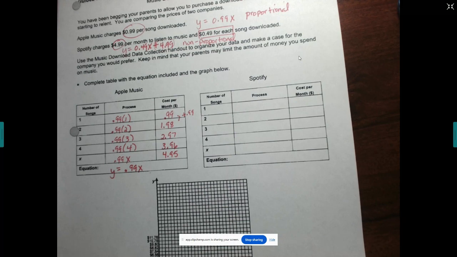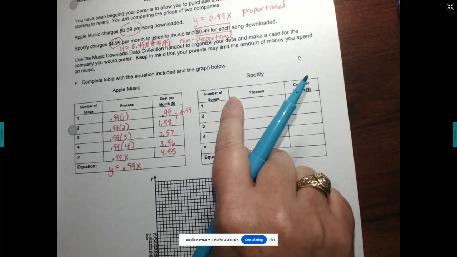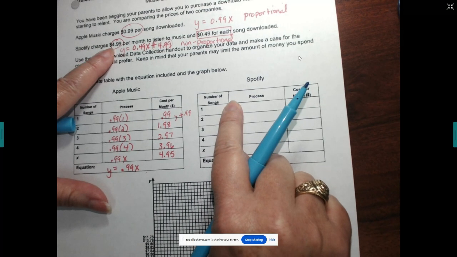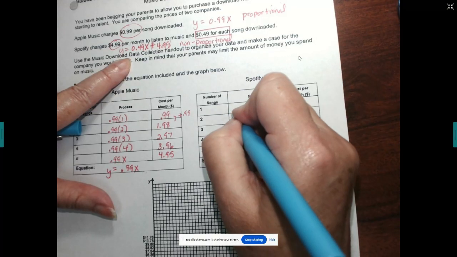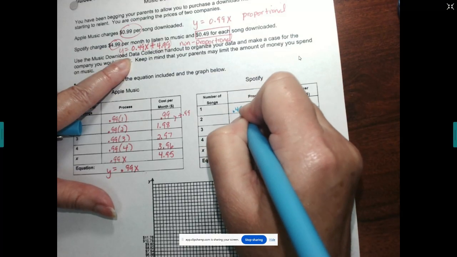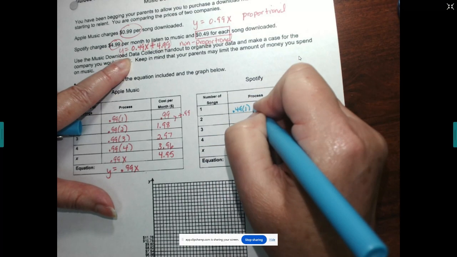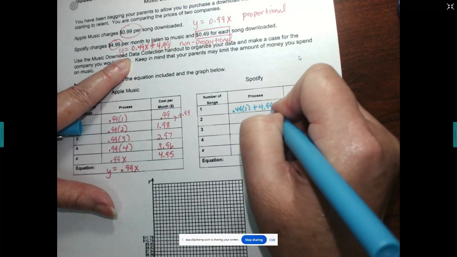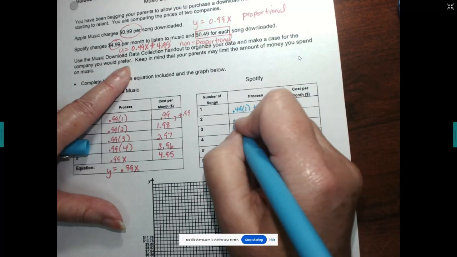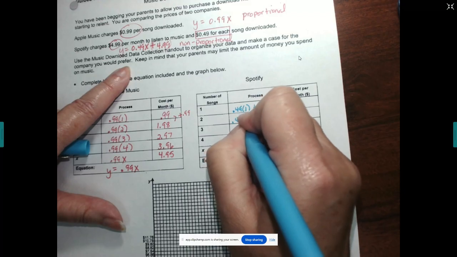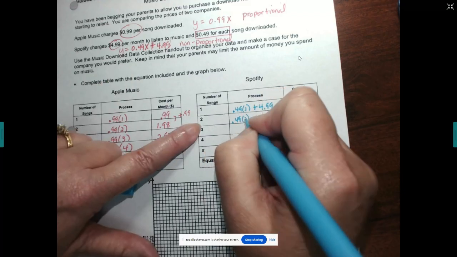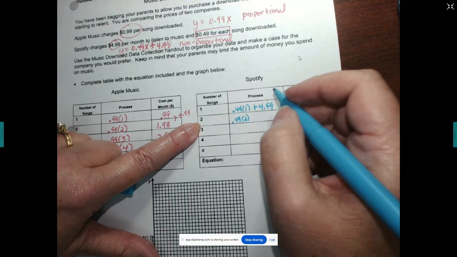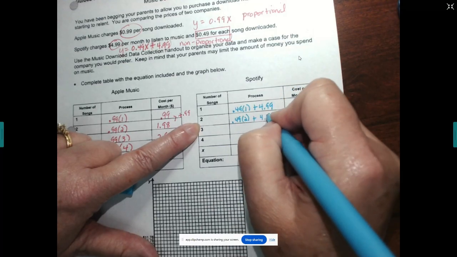All right, Spotify has this non-proportional relationship. So we're going to do 49 cents times one song plus that $4.99. Then we're going to do 49 cents times 2 songs. I'm just inputting the number of songs plus the $4.99.